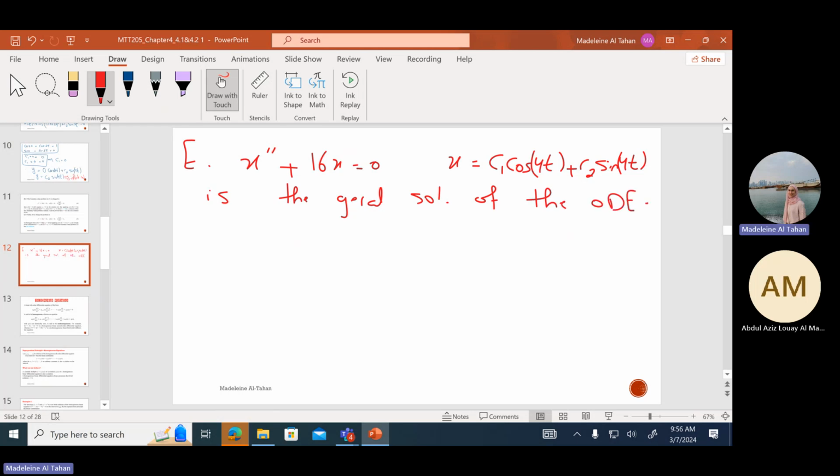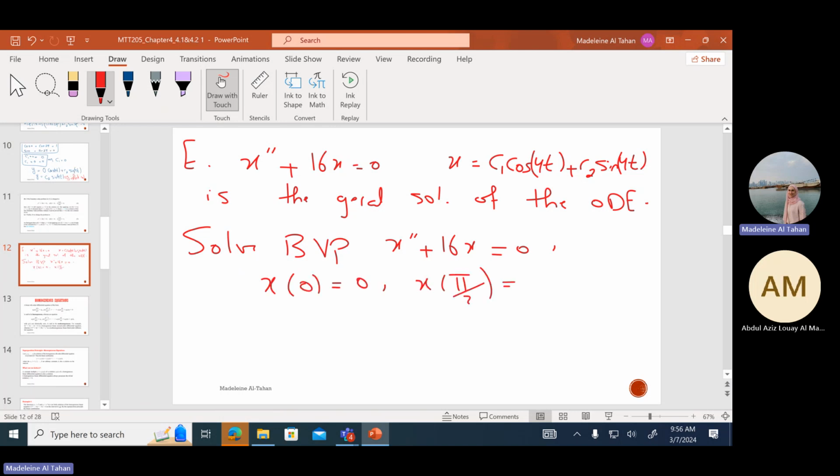What we need to do is solve the boundary value problem x double prime plus 16x equal to 0, subject to the boundary conditions x of 0 equal to 0, x of pi over 2 equal to 1. So please do this one.